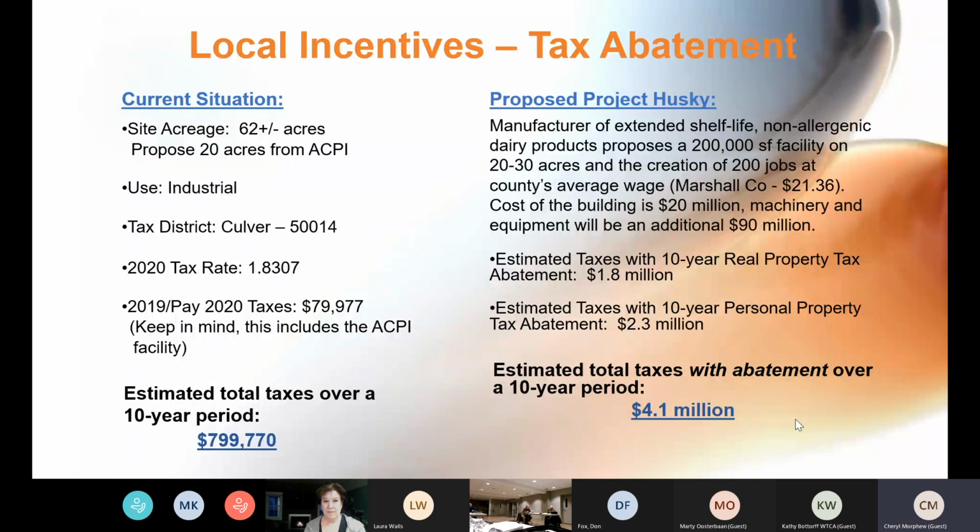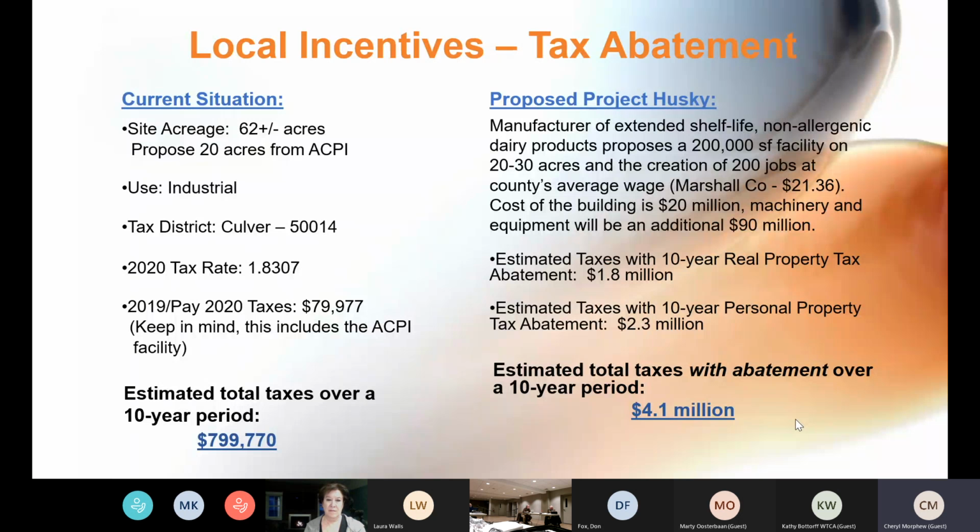So I'm going to stop here and ask if there are any questions, if this makes sense. Again, I know you guys are very familiar with abatement, but just based on our conversations that we've had previously about, do we look at some manufacturing? If so, what kind? What about land development?